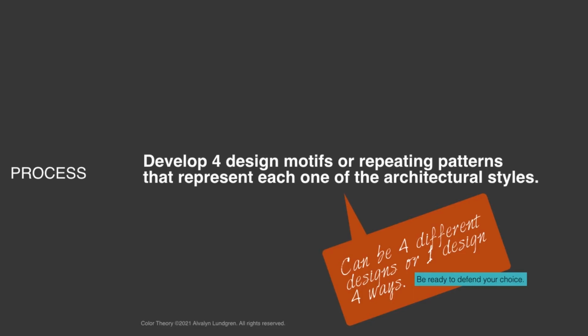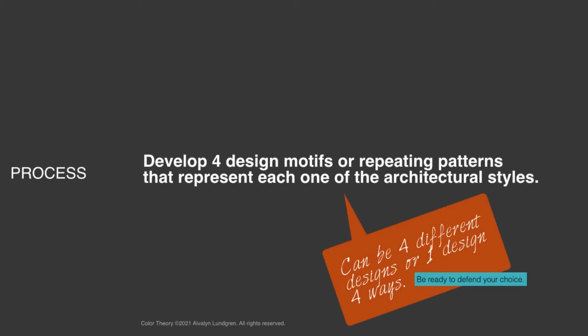So 4 different designs with different color schemes, and they can be related in some way, compositionally or structurally, or one design that is going to be used 4 times to represent the 4 different styles. And whichever approach you take, be ready to talk about it in your research notebook. By the way, do the research before you start the design work.